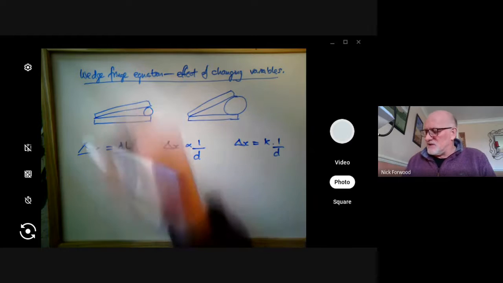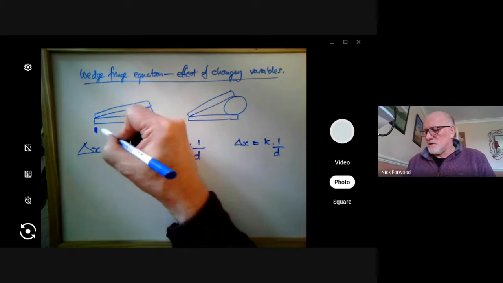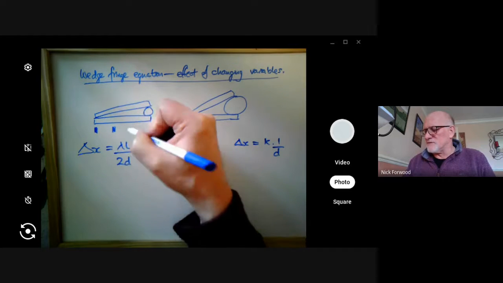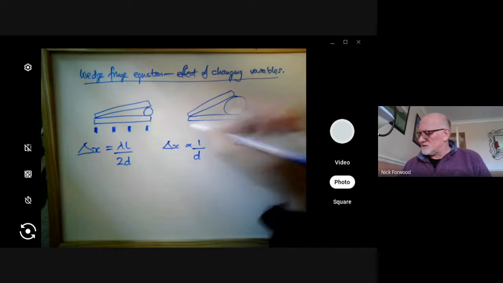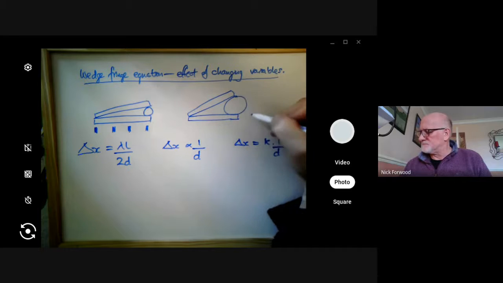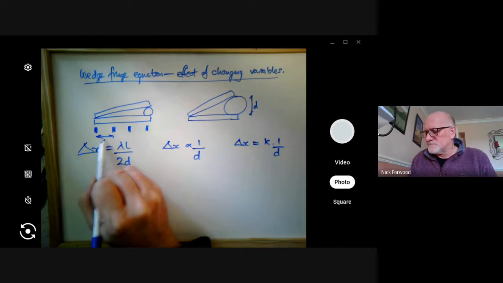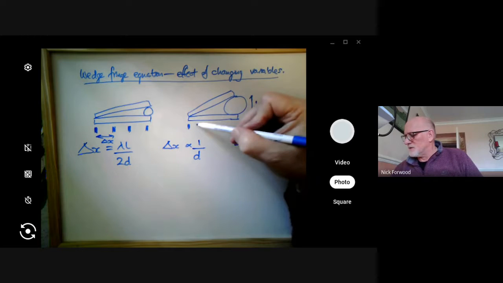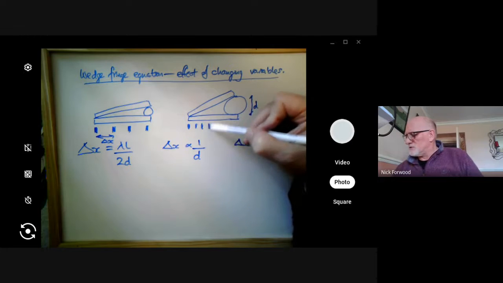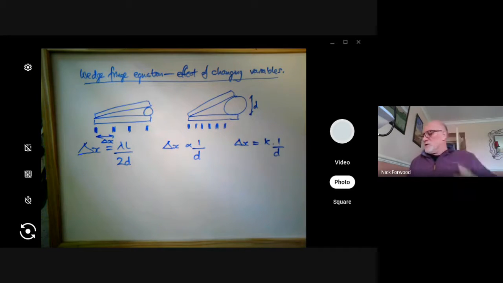So in diagram form, you'd see these fringes quite far apart here, whereas in this one, as D gets bigger, delta x becomes smaller, so you'd see these fringes becoming closer together. You could be asked to draw a sketch of what the fringes look like, or just to describe what the effect is.